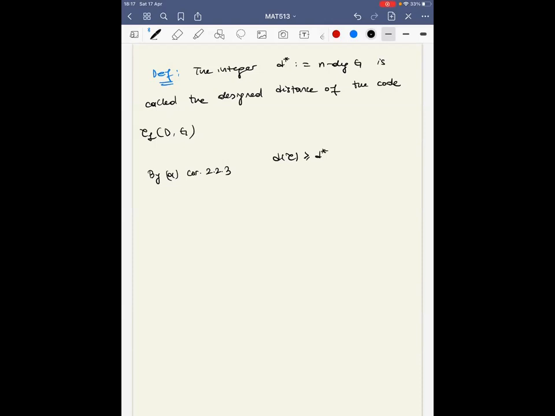But the interesting case is when the minimum distance is strictly bigger than this d star, so this can also be the case. And indeed, the next remark will show us when we get equality, the worst case for the minimum distance, or when do we get better than the design distance?